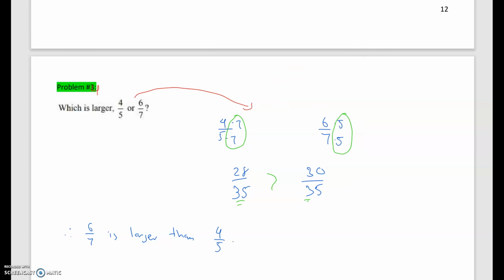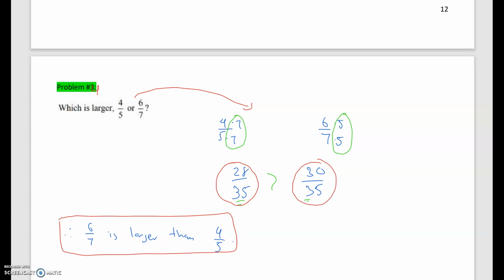Remember that they're not asking about the equivalent, because your answers could be different if you find a larger multiple. But clearly, if you express them as a fraction with the same denominator, 30 is larger than 28. So 30 over 35 came out to be the 6 over 7. So 6 over 7 is larger than 4/5.